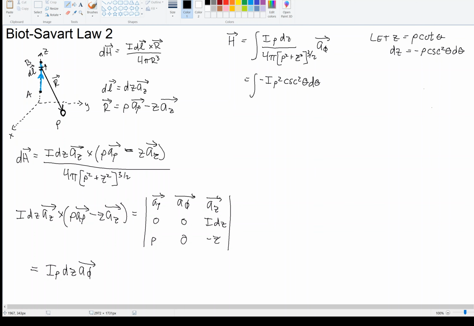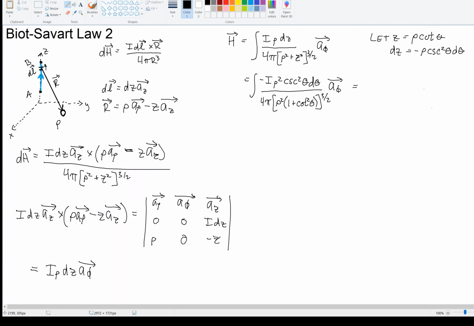So here, for dz, I've put in negative rho cosecant squared theta d theta. And then in the denominator, I have 4 pi times, and I'll factor out a rho squared. Then I'm left with 1 plus cotangent squared theta. There's something really satisfying about these types of integrals. I love these, trigonometric substitution.